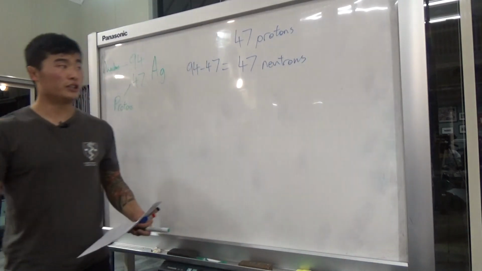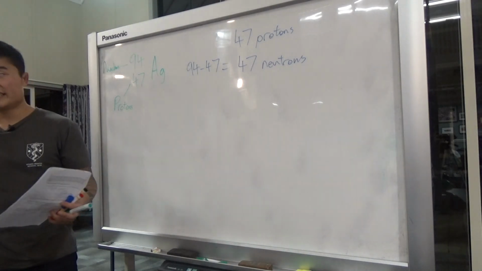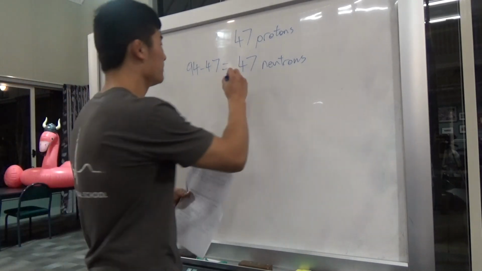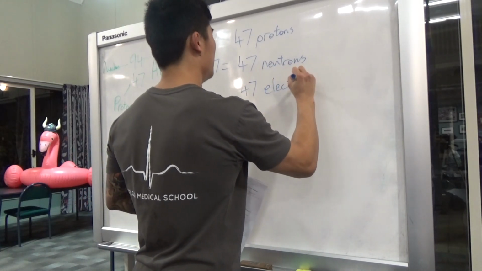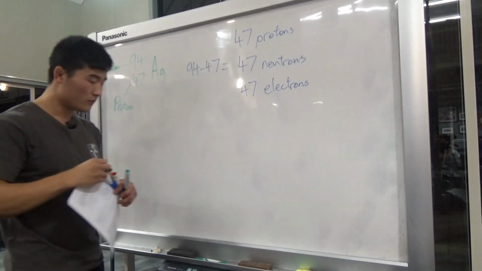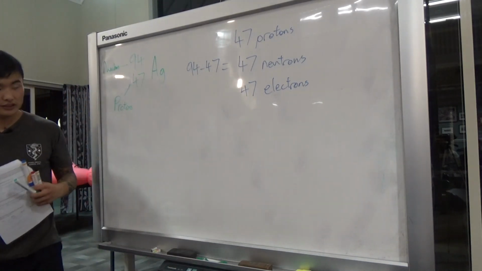And it's going to be a neutral atom, so there's going to be the same number of electrons as protons. So there will also be 47 electrons. So that's great, we've got the number of protons, neutrons, and electrons.